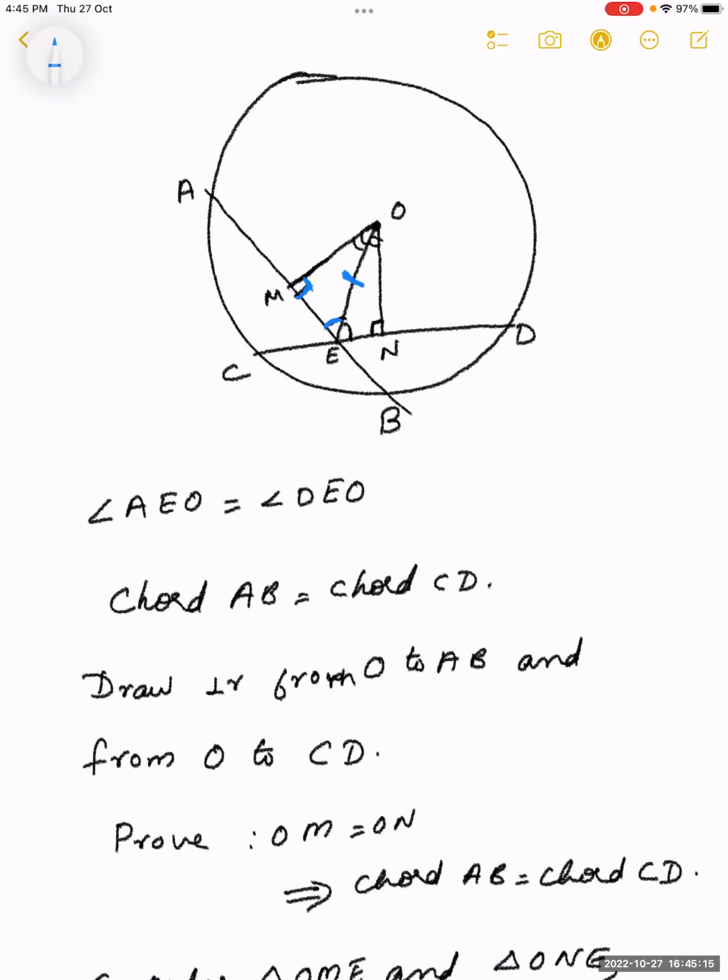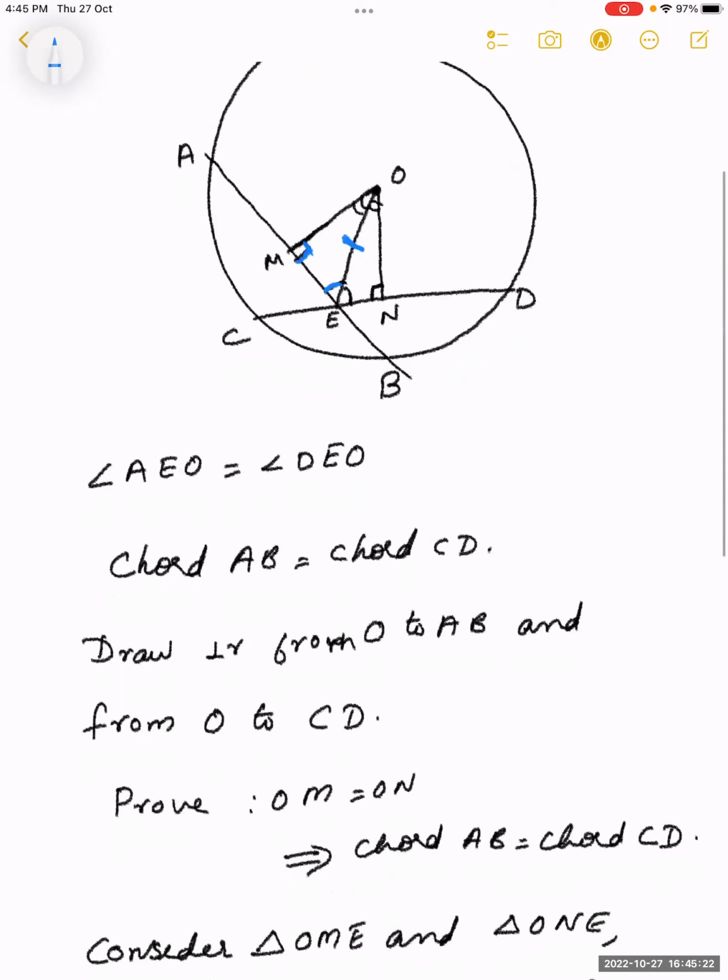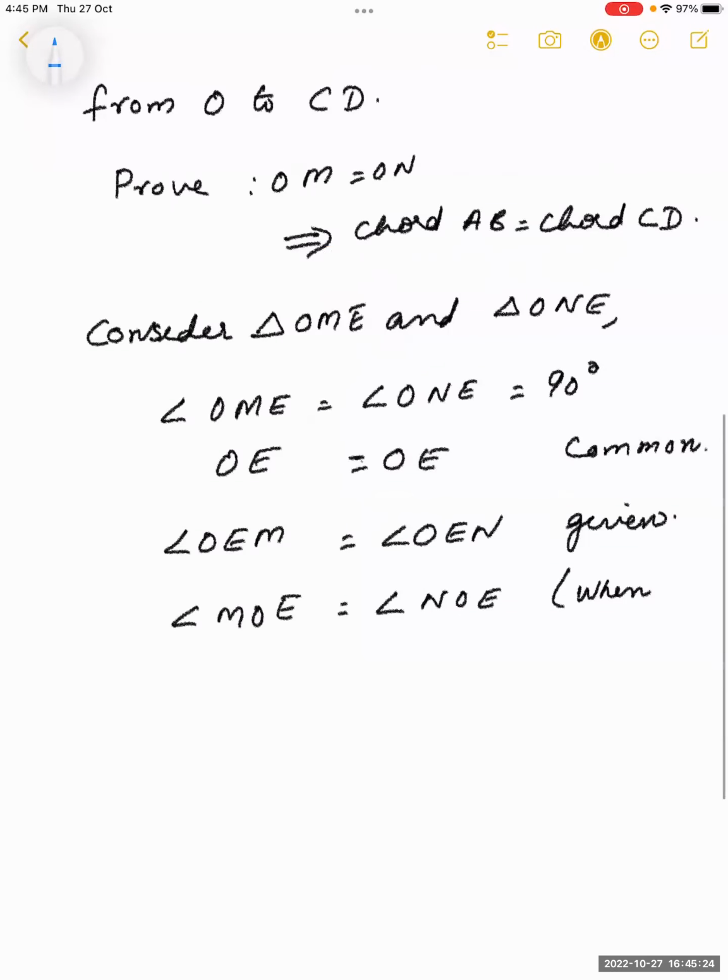Okay. So based on AAS, what you have said is two angles and one of the third side, right? Yeah, you can write it AAS. So we can end up saying that here itself, you can say that the triangles are equal.